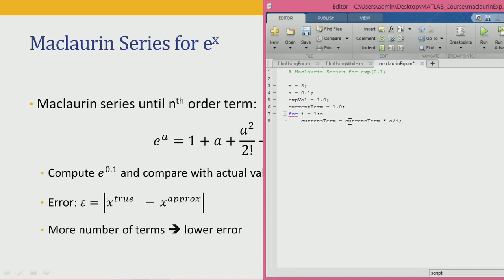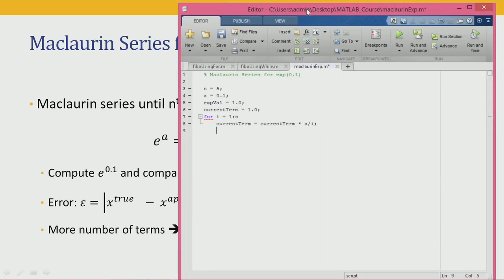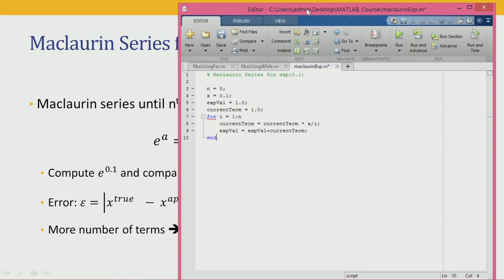The next term will be a square by 2 multiplied by a by 3, that would be a cube by 3 factorial, and so on and so forth. Okay. And exp val equal to exp val plus current term. Okay. And I will end this loop over here. So, that is going to be the value of exp val.